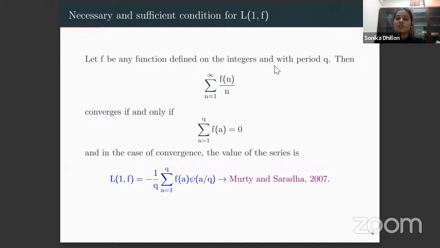So if the residue is equal to 0, then the series will converge, and the value of the series is equal to minus summation a equals 1 to q of f(a) psi of a by q, where psi is basically the digamma function, defined as the logarithmic derivative of the gamma function.